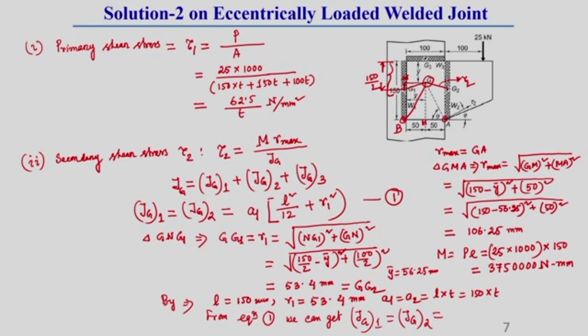We are getting the value of JG1 and JG2 equal to 708,984T millimeter to the power 4. So, JG1, JG2 we got.